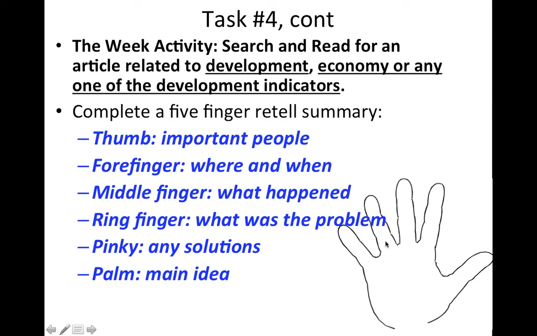If in the article there were no problems presented, then I want you to foresee or predict some possible problems dealing with the article in terms of development, economy, or any of the development indicators. And then finally, in the palm, you're going to write down the main idea of the article. Okay, so that's how you do the 5-finger summary.